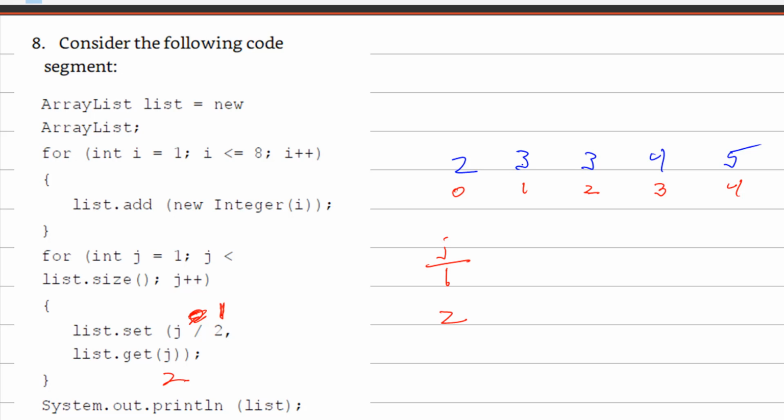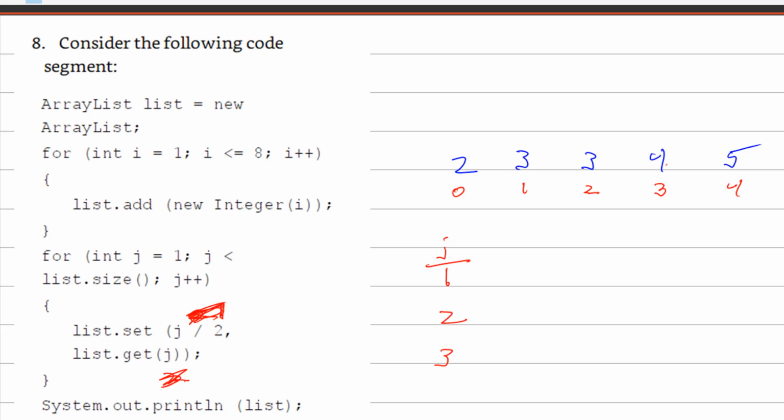And now j goes up to 3. 3 is less than 8. So it says list.set(3 / 2, list.get(3)). So j is 3, and I'm going to get what's in the 3 position. And where am I putting it? I'm putting it in the 3 over 2, or the 1 position, because 3 over 2 is 1.